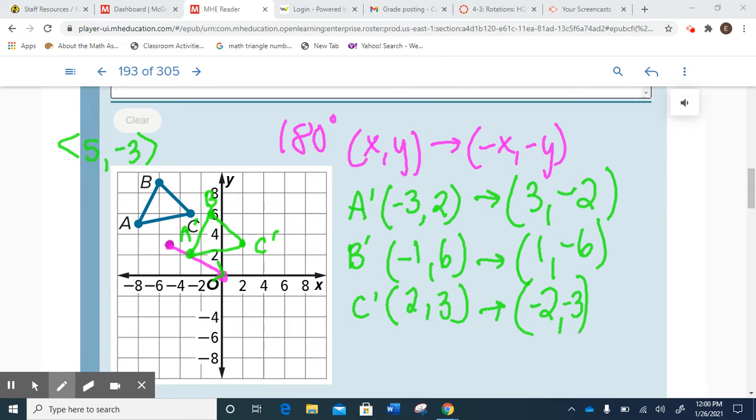Okay, so now what we're going to do is go ahead and put those new points on our graph. So let's go ahead and put them on there. 3, -2, that's A. -2, -3.